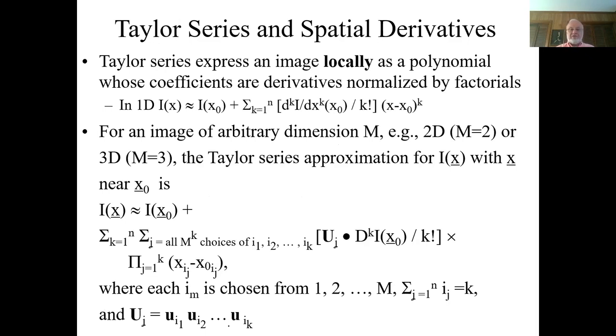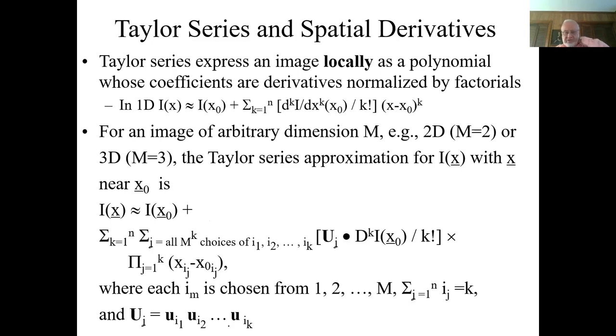Okay, so the Taylor series is going to be a 0th order term, I of x equals I of x0, plus a first order term. Well, for the first order term, there are n entries in your tensor, and so there are going to be all choices of one index over the n possibilities.